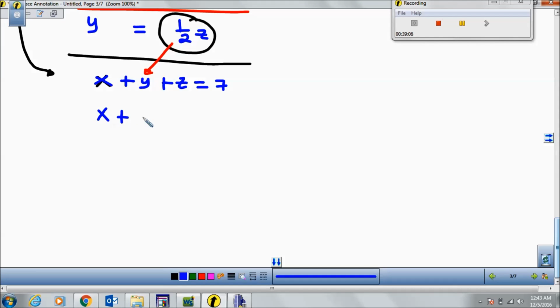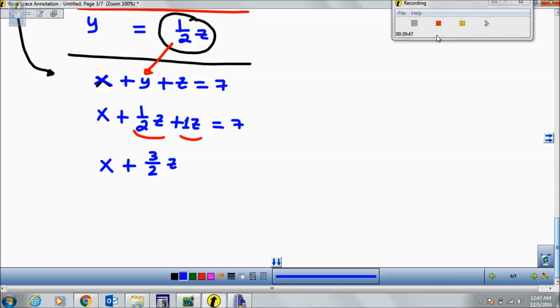So x plus 1/2 z, this entire 1/2 z is your y now, plus z equals 7. When you substitute 1/2 z into y, what you have is two like terms, two terms with z. So you're going to add them up, you're going to combine them. 1/2 plus 1, imagine here there's a 1 at the front. You can use a calculator for adding 1/2 and 1 whole, but that's going to be 3/2.